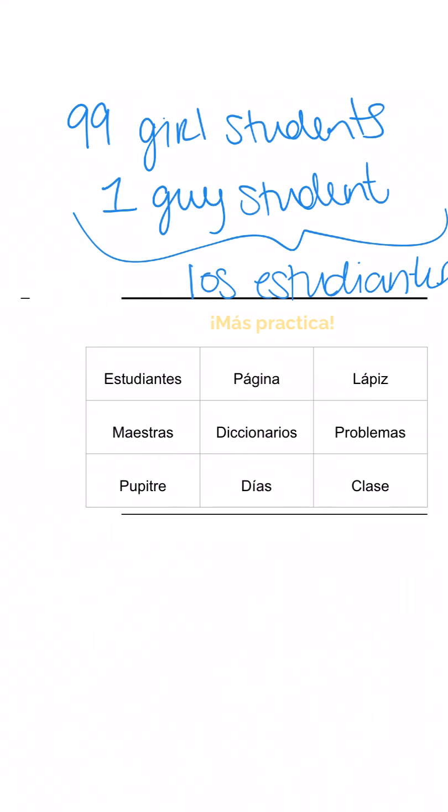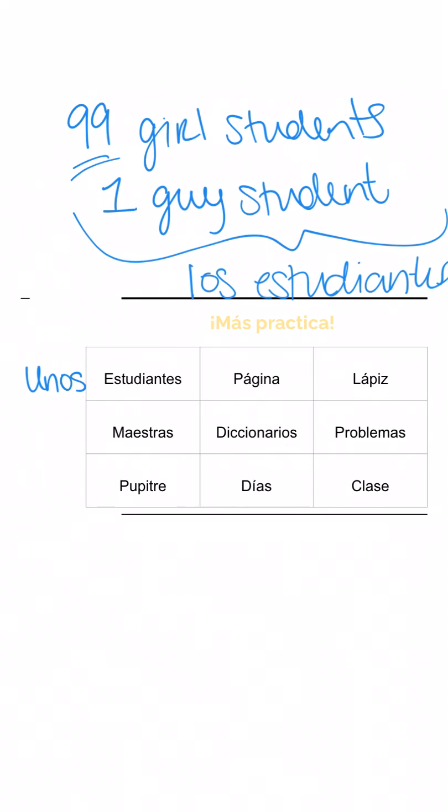It's a little sexist. Even though there's 99 females, we can't say las estudiantes because the guy takes priority. So if you put unas estudiantes, it's not wrong, but I do want us to get in the habit of, if it's an unspecified gender or group, we always default to the masculine. So here we should see unos estudiantes, some students.